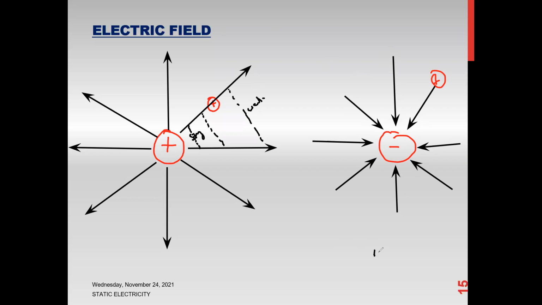So for negative charges it is into, and for positive charges it is out, because the direction of electric field is always the direction in which the positive charge experiences a force. For example, this is the direction of the electric field.